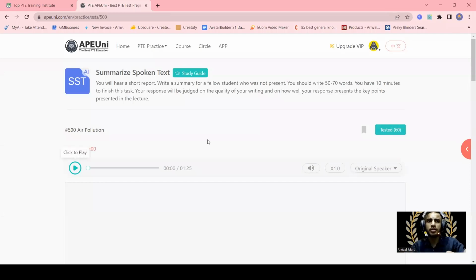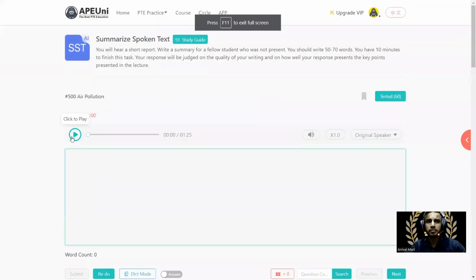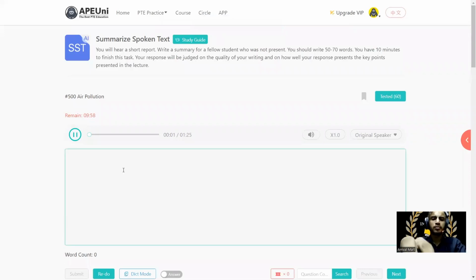Let's see another one. In today's lecture, I'm going to talk about changes in air pollution since the middle of the last century and what has created these changes. So, by the 1950s, air pollution was very visible, with frequent thick black fogs known as smogs in many large cities around the world.